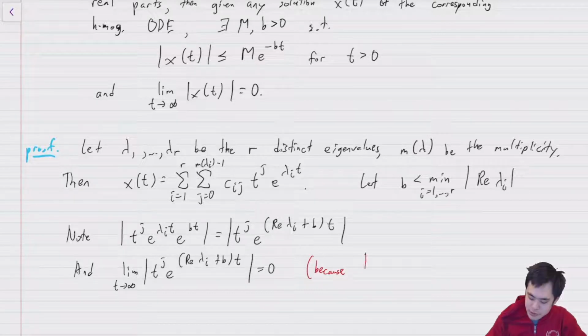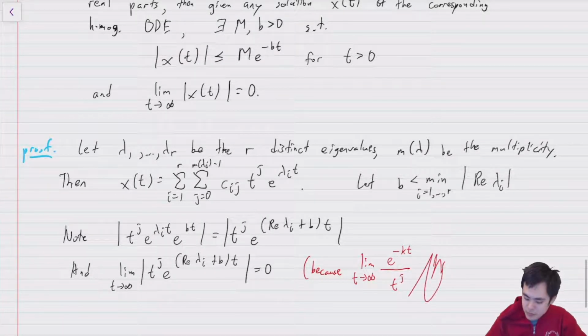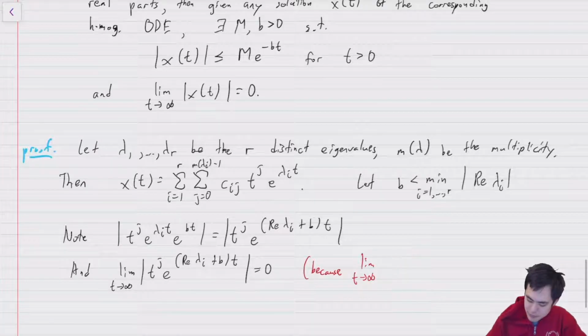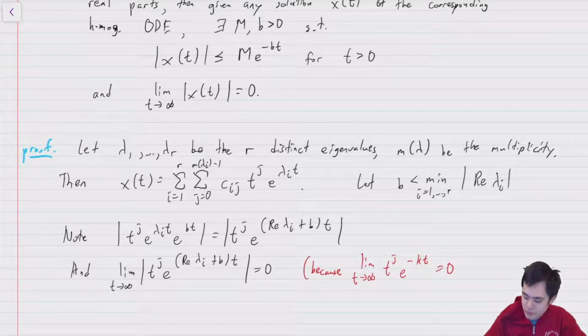This is because the limit as t goes to infinity of t to the j e to the minus kt is equal to 0 for all k greater than 0.